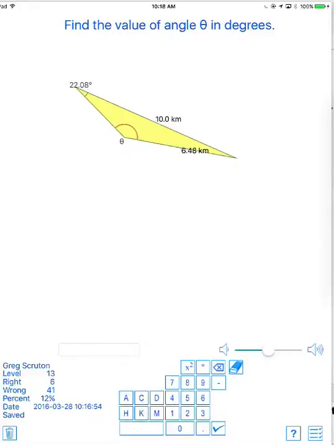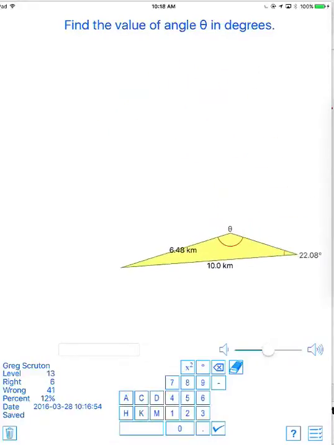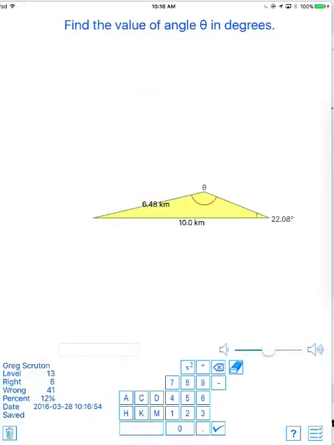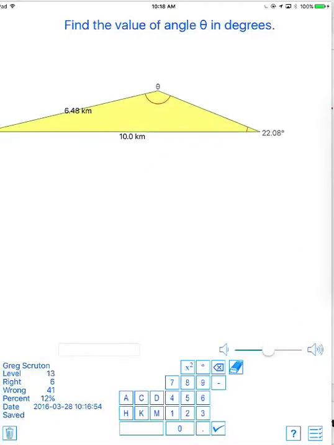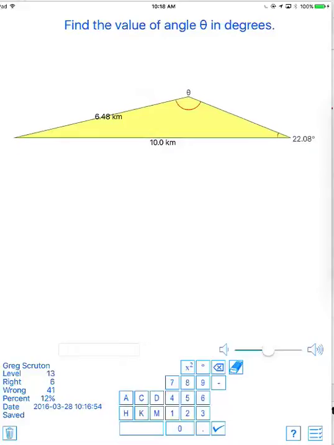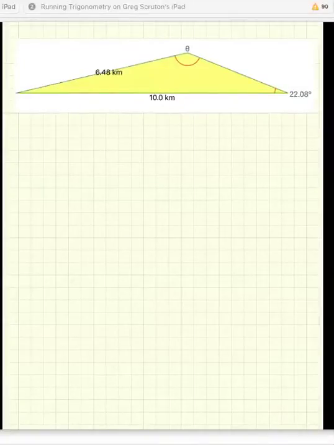So I'm using my rotation gesture, two-finger gesture. I'm going to stretch that out a little bit. Right, so in this case, I'm going to call that my theta, my angle A, and this is opposite.